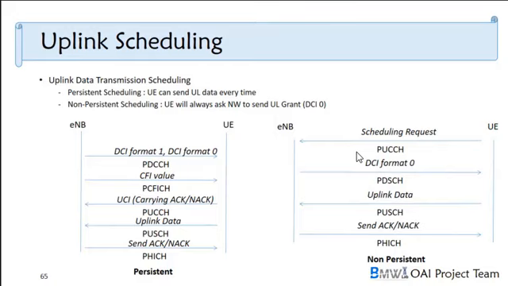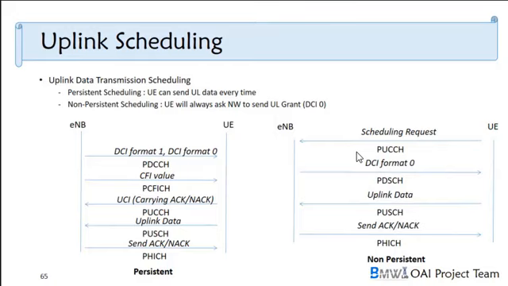And then after the eNodeB gets the scheduling request from the UE, the eNodeB directly answers, and the answer is DCI format 0. DCI format 0 contains information about which resource allocation is available for the UE to use. And after the UE knows which resource allocation is available, the UE will directly upload the data.